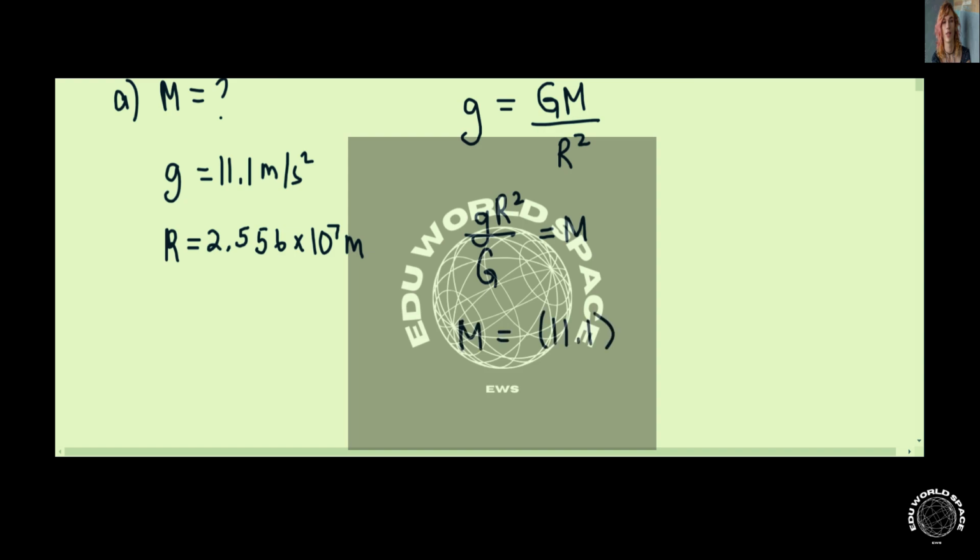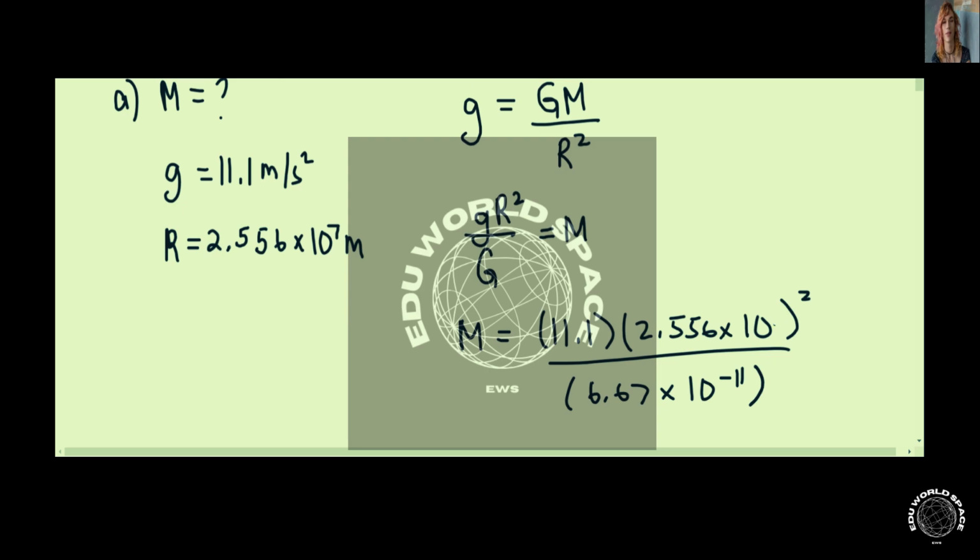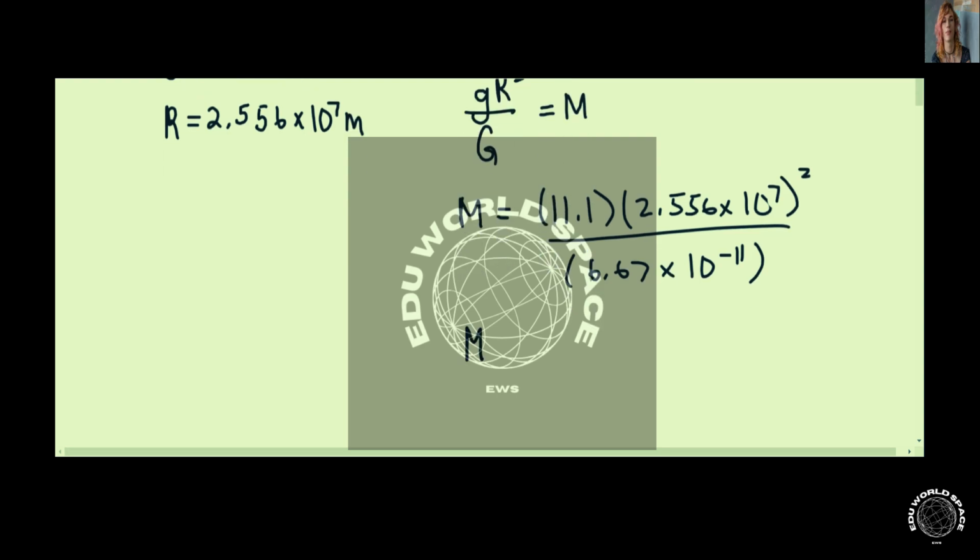So we've got 11.1 times 2.556 times 10 to the 7 squared, all divided by 6.67 times 10 to the minus 11. Once you plug that into a calculator, you should get a mass of 1.09 times 10 to the 26 kilograms. So this is the final answer for part A.